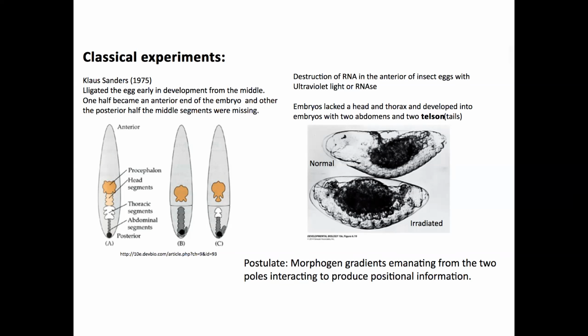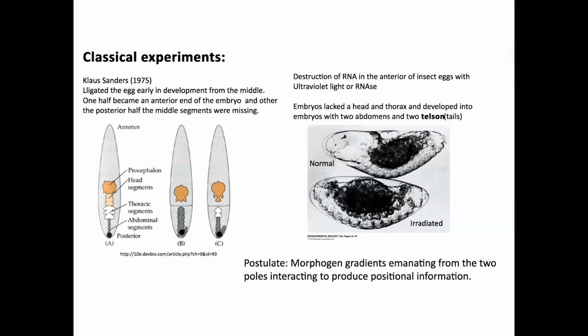So the question boiled down to whether this signal was RNA or protein in origin. If it was RNA, they tried to destroy it with ultraviolet light, UV radiation, to destroy the nuclear, genetic RNA component.